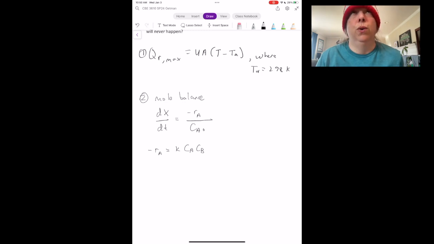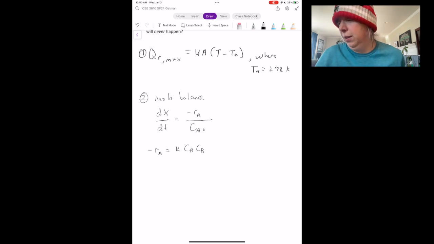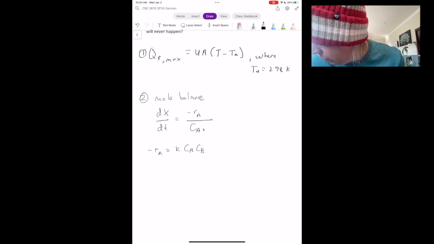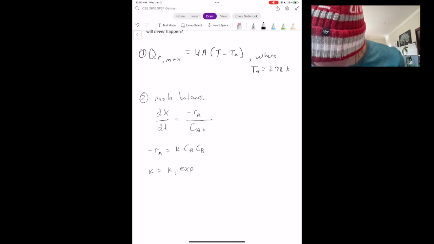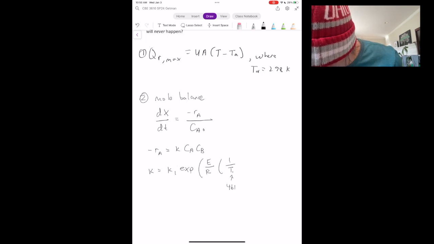We have a value for the rate constant at 188 degrees C, and we can use the Arrhenius equation to convert that to the rate constant at whatever temperature we're interested in. So K is equal to K1 times the exponential of the activation energy, which we have, divided by R times (1 over T1, this value is 461 Kelvin, minus 1 over T).